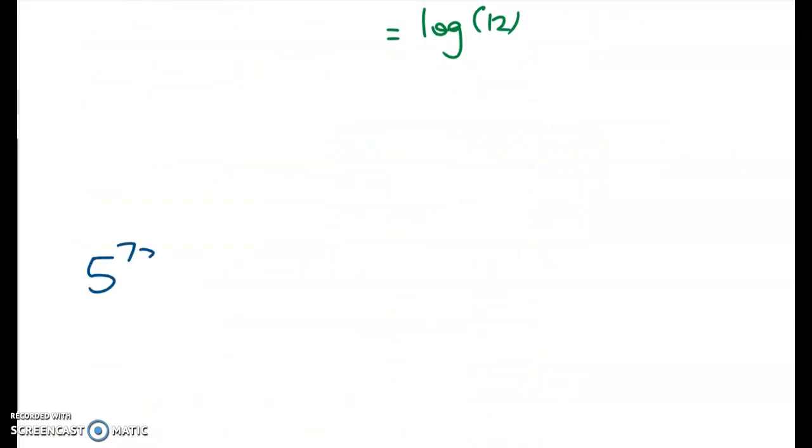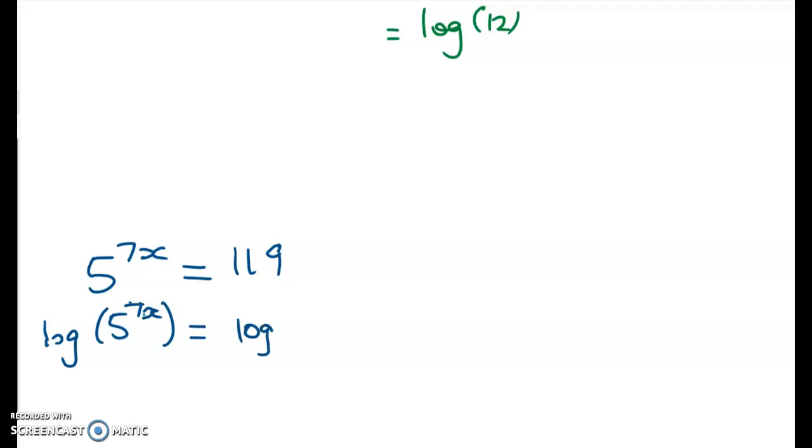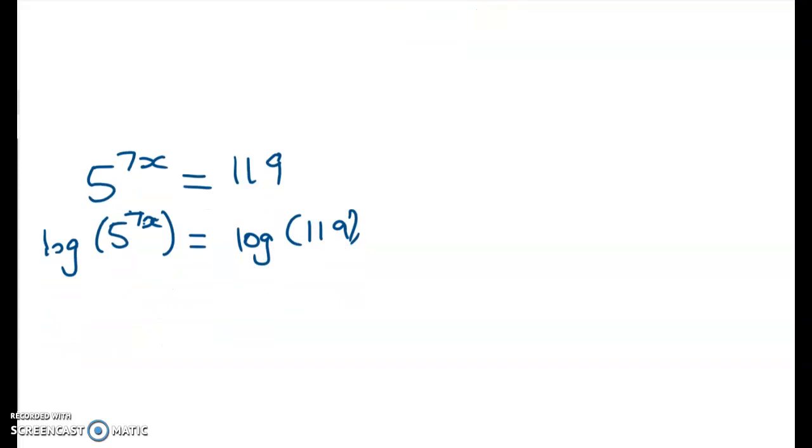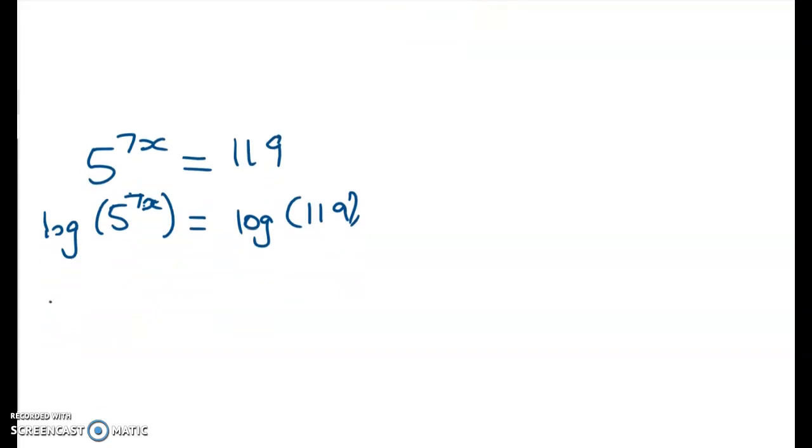So we've got 5 to the power of 7x is equal to 119. I'm going to take logs of both sides. So the log of 5 to the 7x is equal to the log of 119. So bringing down the power, 7x log 5 is equal to log 119.